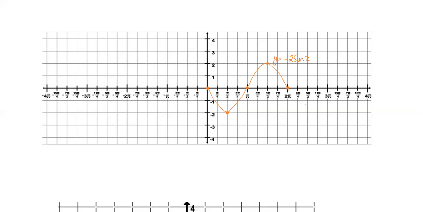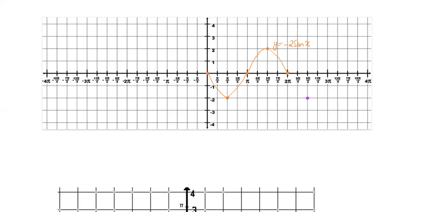So 5 pi over 2 is going to come down here, and then 3 pi is going to come up here. And on this side they wanted it to go to negative pi. So negative pi over 2 would go all the way up here, and then negative pi would be that. So your negative pi to 3 pi is your step 5, but the orange part is just your one period. That is step 4.